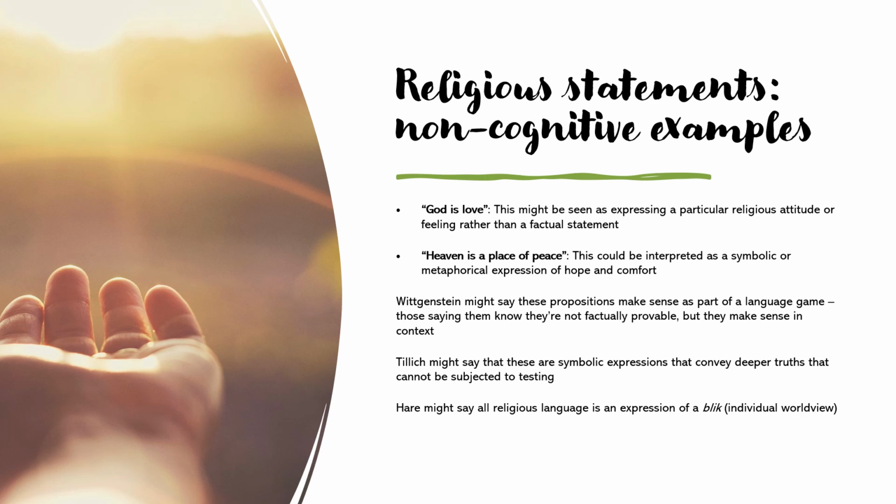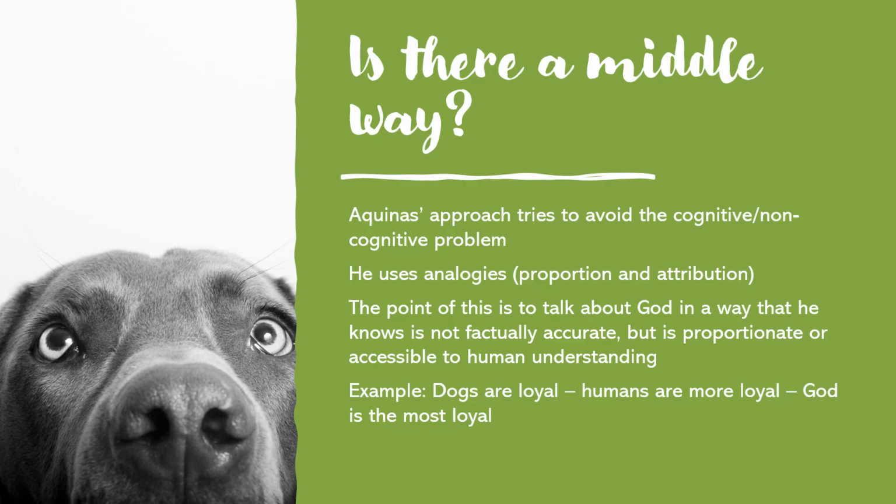So we've got some good examples there on those last two slides of sometimes when religious language is cognitive and sometimes when it's non-cognitive. And this is very much where I'm going with this. I think it can be both. There are views that are kind of in the middle. There are views that are trying to dodge the whole problem of whether religious language is cognitive or non-cognitive. So I think Aquinas is quite a good example of this.